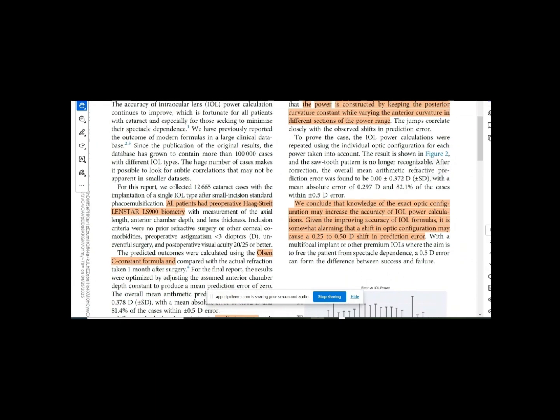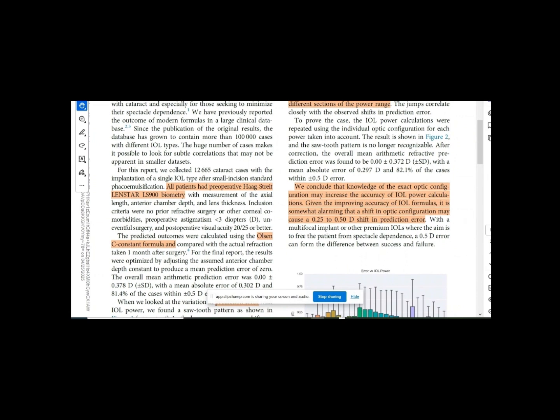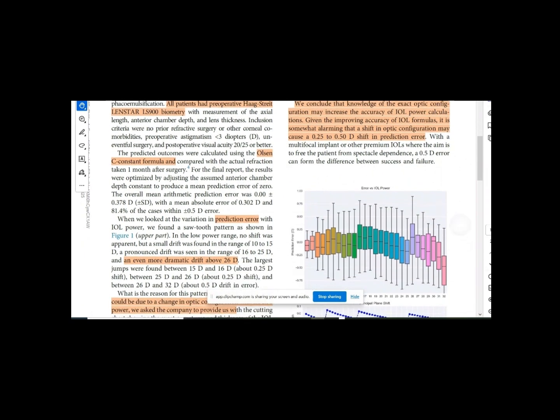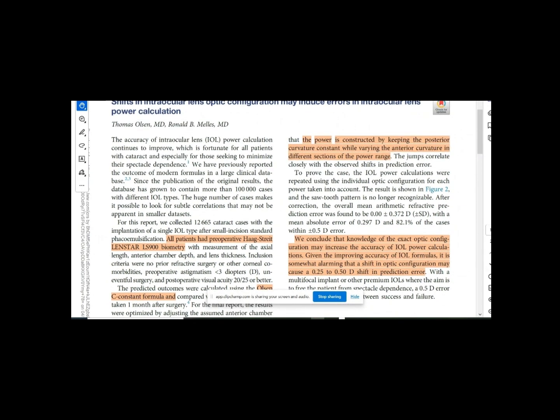They are saying that if the optic configuration differs a lot between 6 diopters and 32 diopters, that is, if your anterior curvature changes a lot relative to the posterior curvature as you move from a lower diopter IOL to a higher diopter IOL, then there is a chance of you getting erratic results, right? You might sometimes land up with myopic errors or hyperopic errors based on the IOL power you are implanting. This is something we need to remember, and I found it very interesting, so you have to keep this in mind.